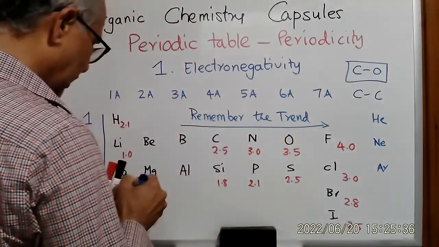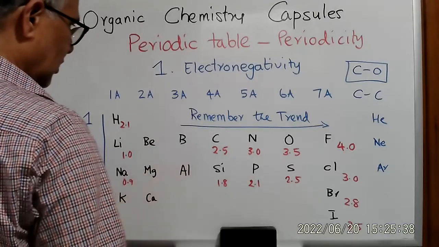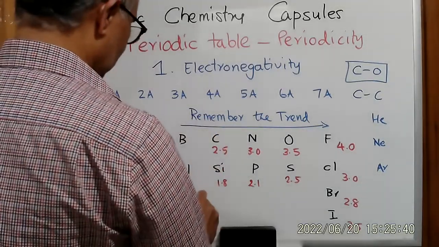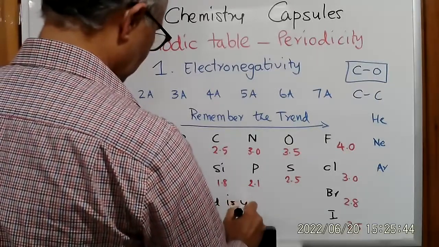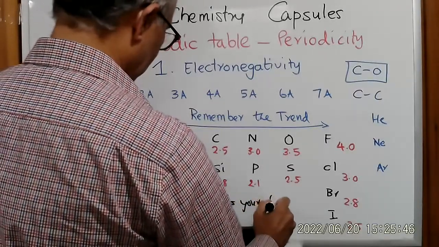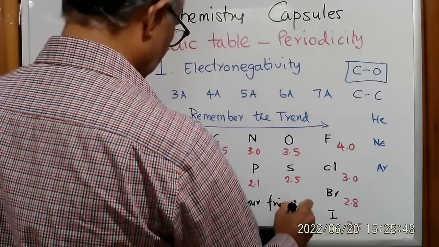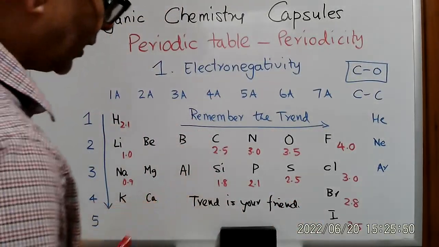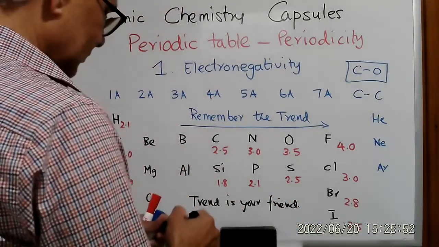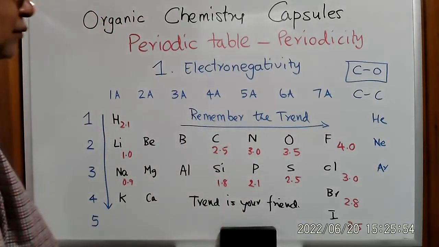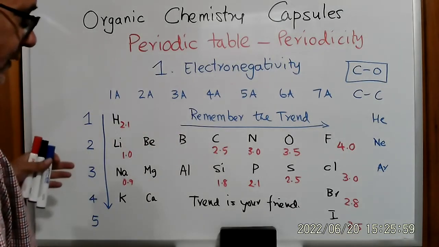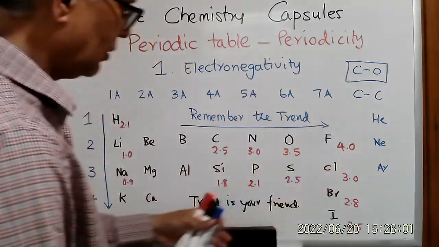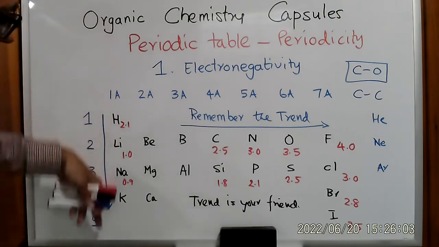Trend is your friend in organic. Of course, there will be exceptions. I think I borrowed that from the stock market, but it doesn't matter. It's true. So, electronegativity increases from left to right and decreases from top to bottom.